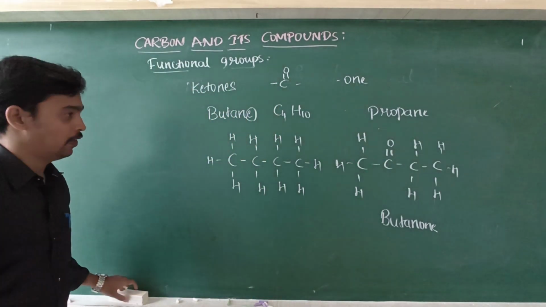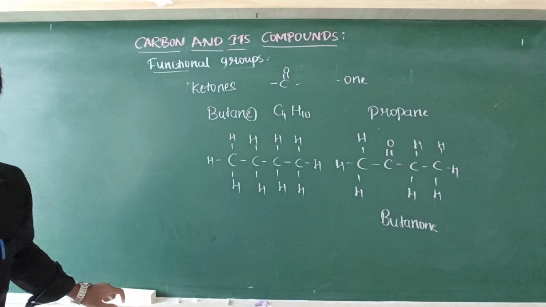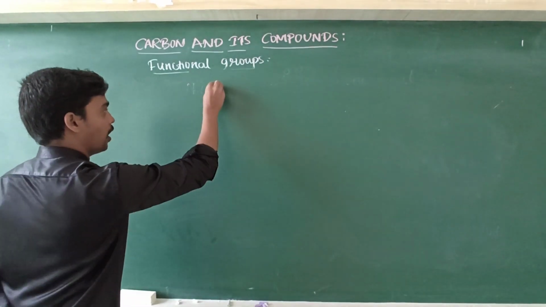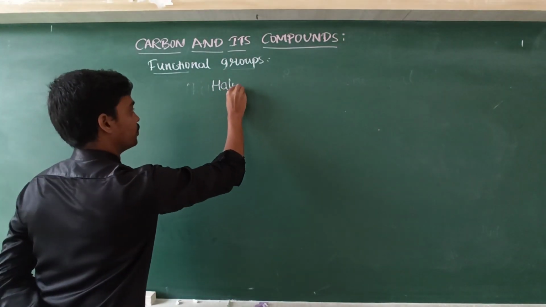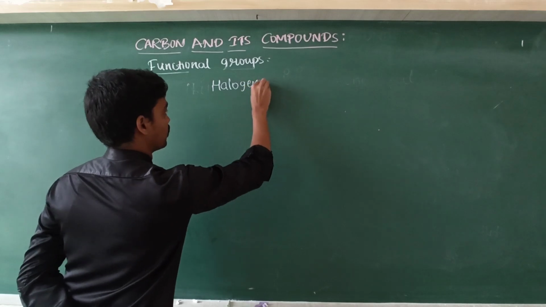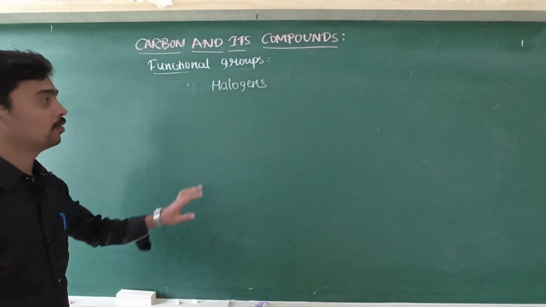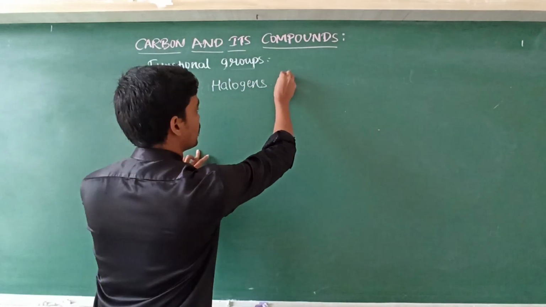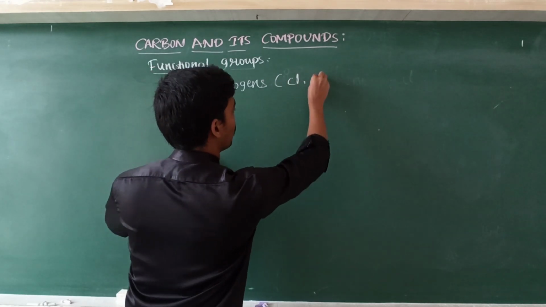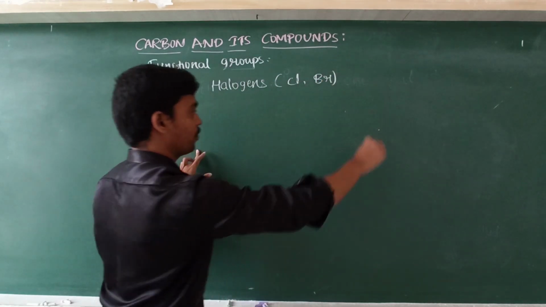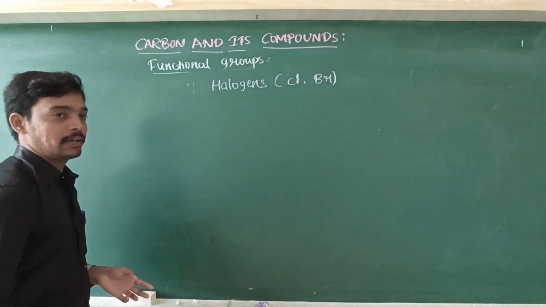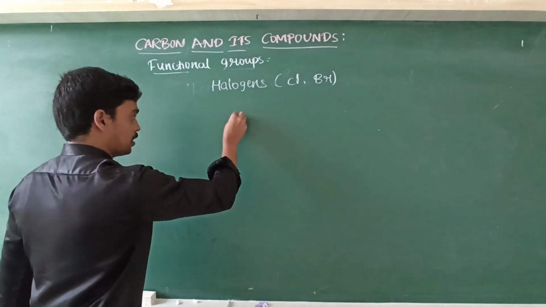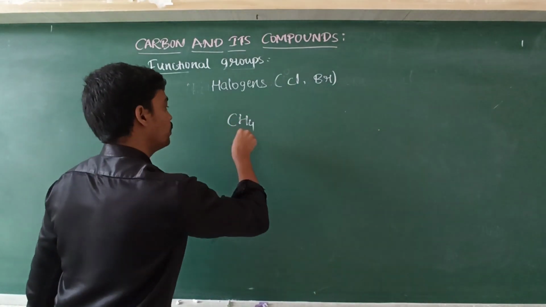And the next one is halogens. How to add the halogens, that is chlorine or bromine. Taking a simple example, methane, CH4.